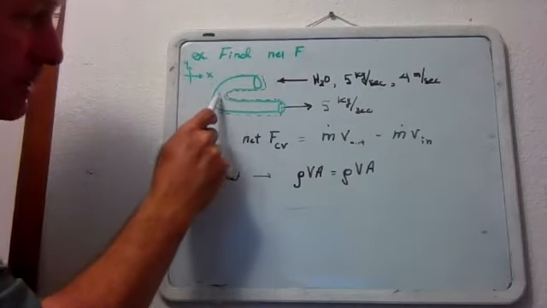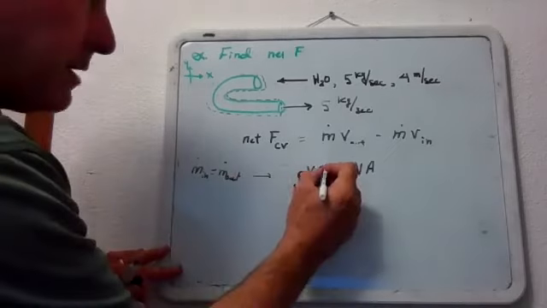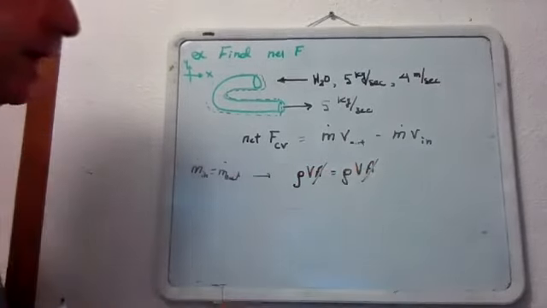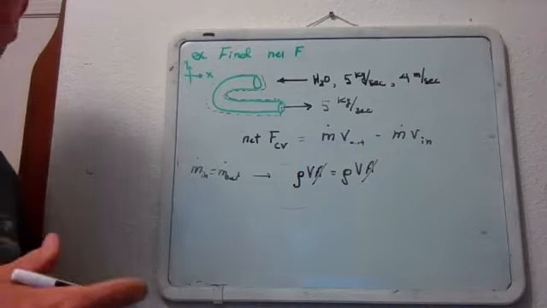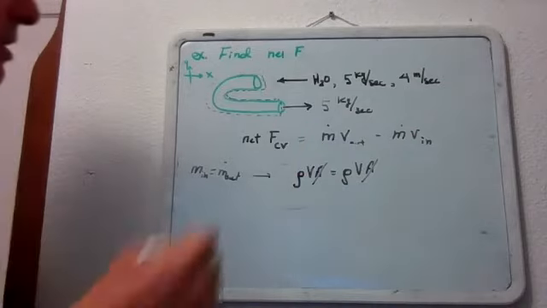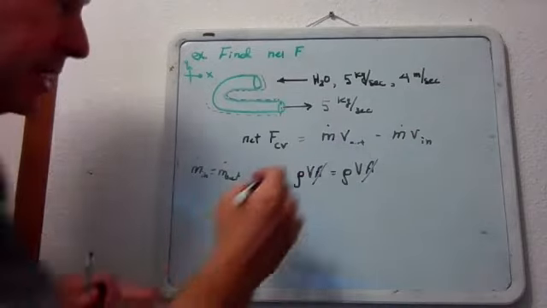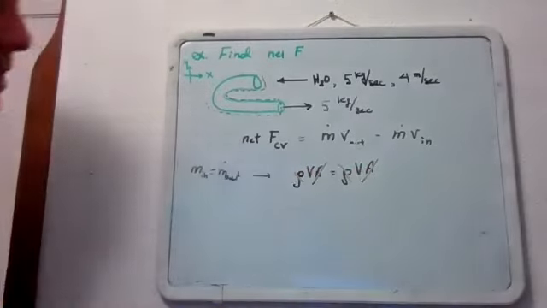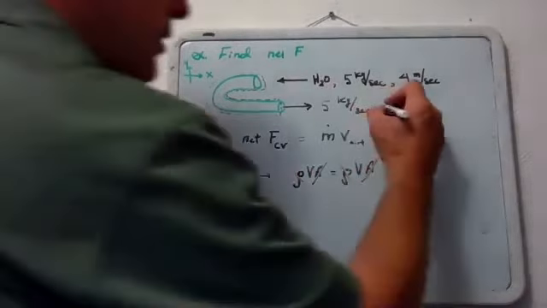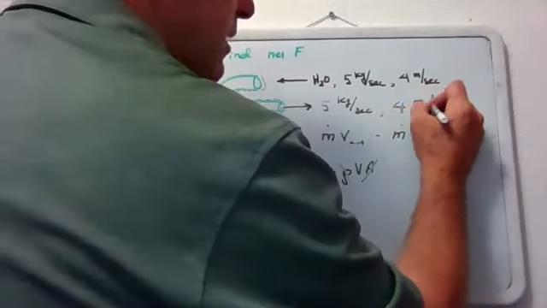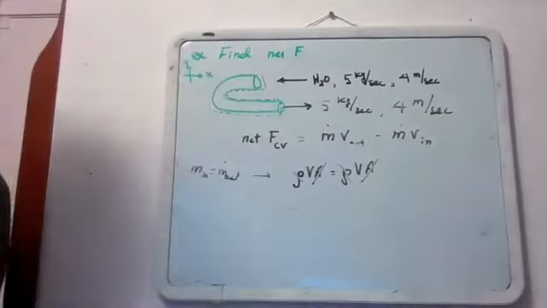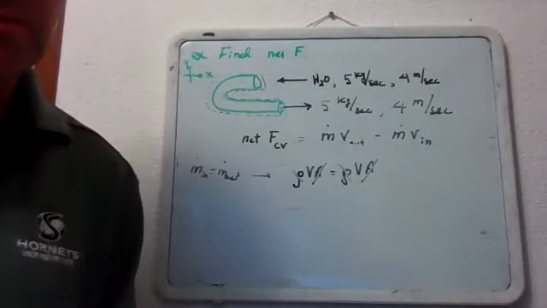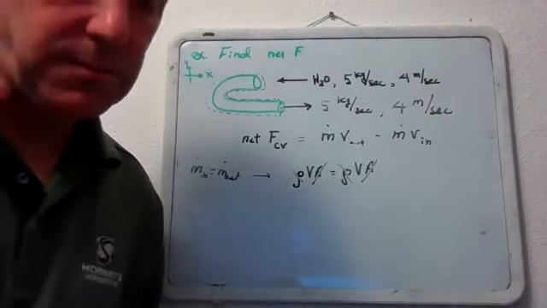I meant to say that the pipe was constant diameter. That means the area in is equal to the area out. If it's water, water is incompressible, so density in is equal to density out, and so that would mean that the speed in is equal to the speed out, and so that's also 4 meters per second. Okay, so you've got some more information. Once again, pause and see if you can finish it off on your own.